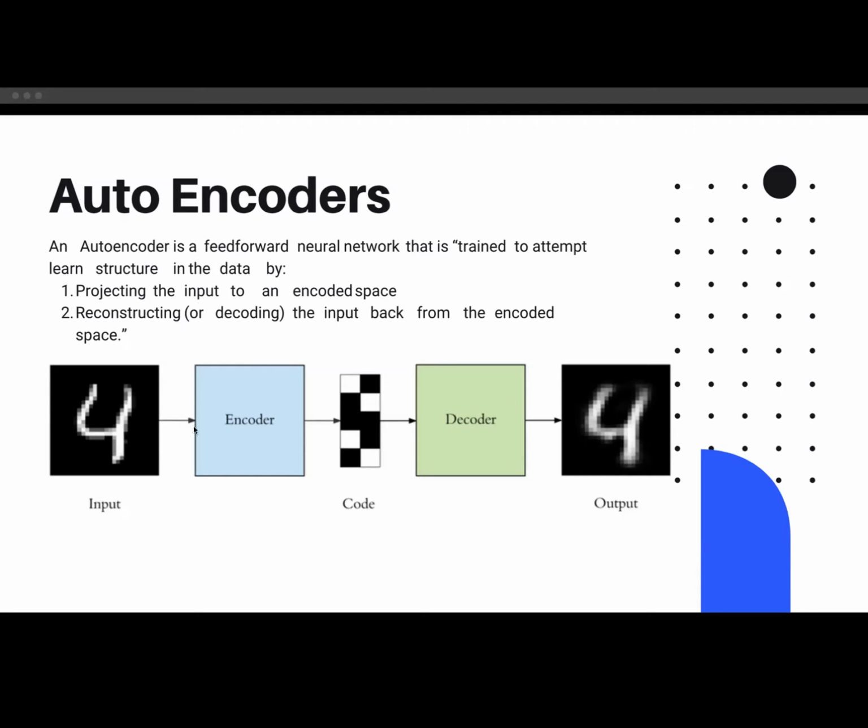So again, just to recap: input, then an encoder, which is just a simple CNN, and then it outputs a convolutional feature map or a code or a latent space or an encoded space. All of these are different names for the same concept. You already understand the concept of a convolutional feature map or an activation feature map, right?